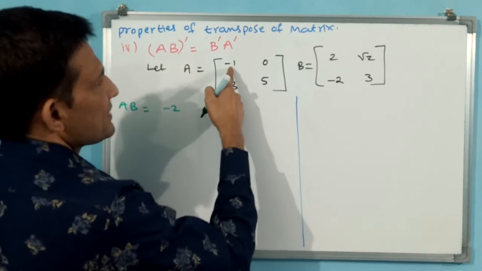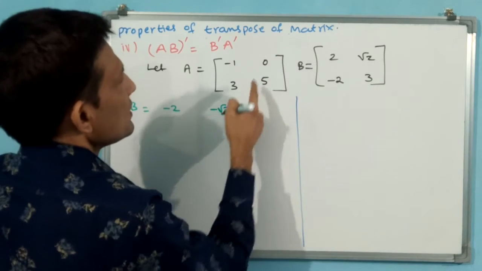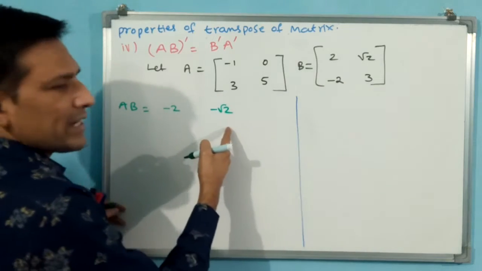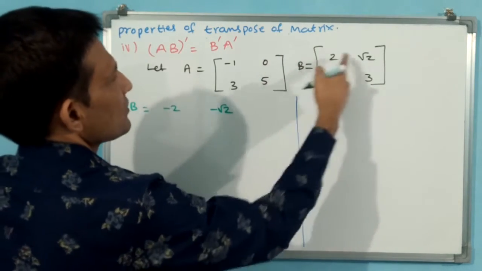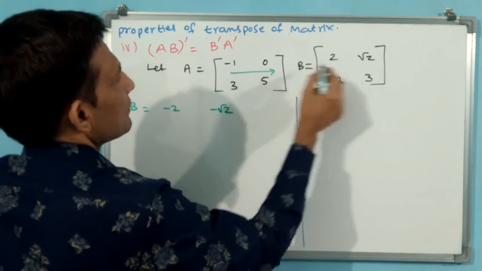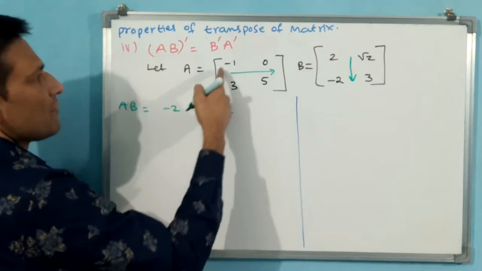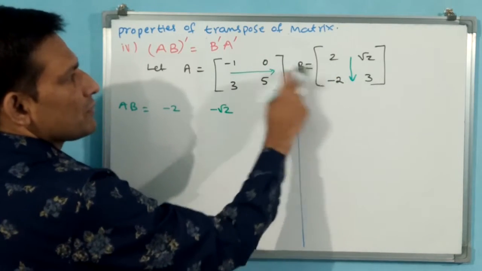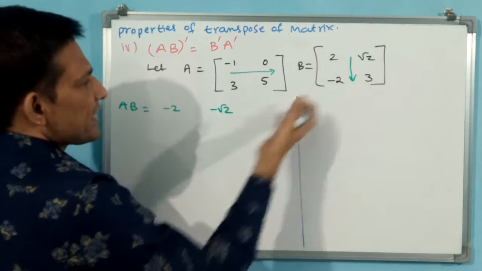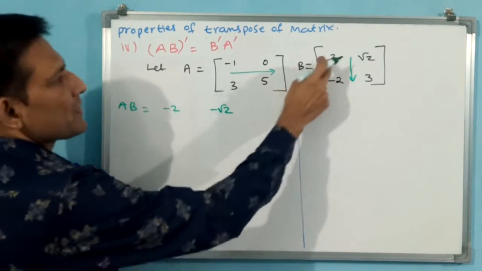Then second column, minus 1 into root 2 means minus root 2, 0. First row, first column and first row, second column are over, since 0 multiplied with the second one, you need not write. Now you come for the second row, first column.